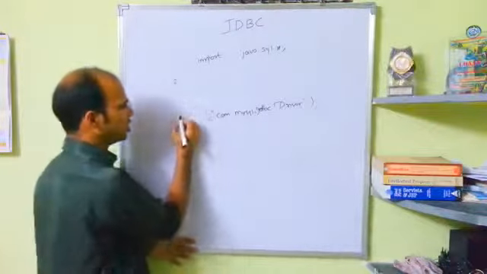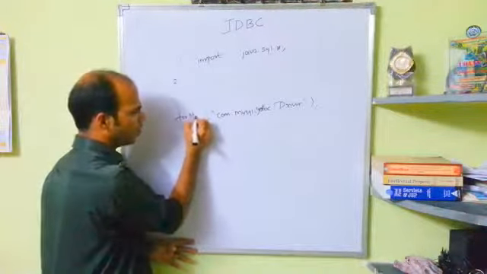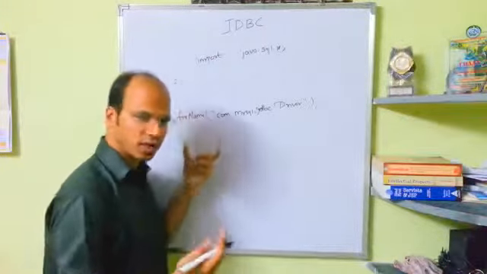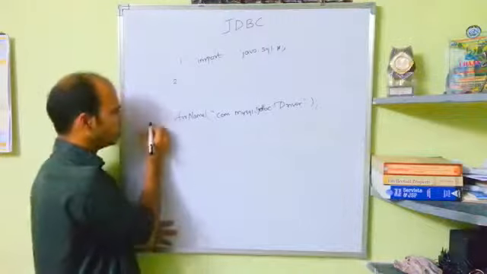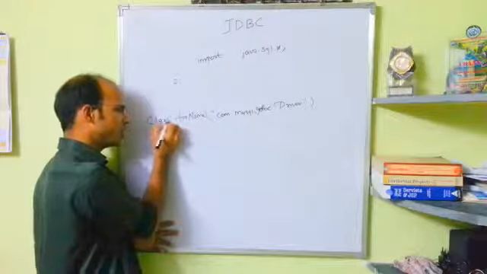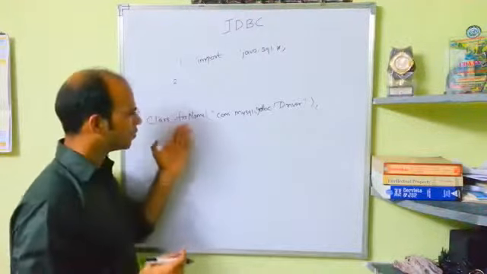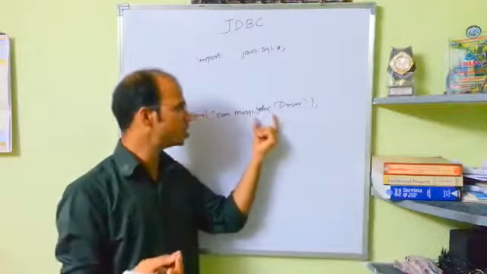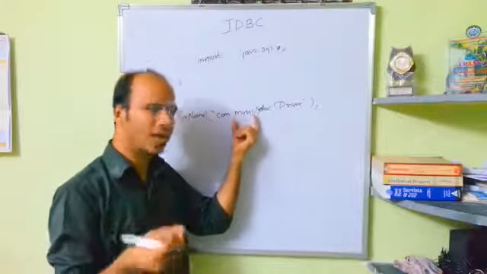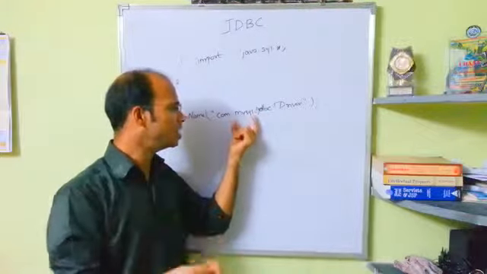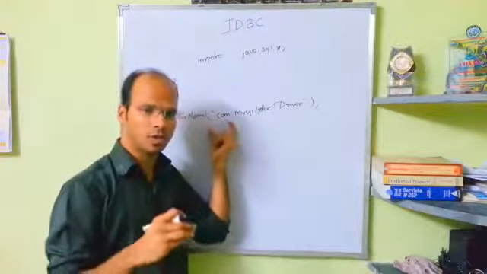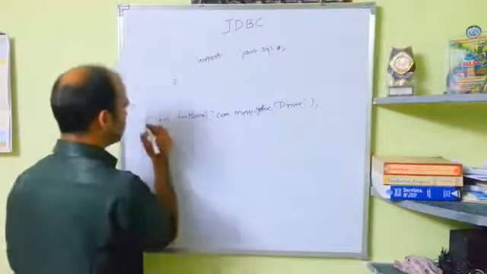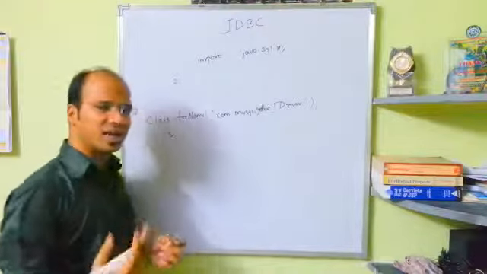That function name is forName. This forName function belongs to a class called Class. So we have Class.forName, and in brackets we pass this driver name, com.mysql.jdbc.Driver.